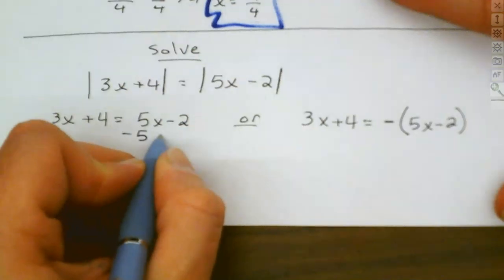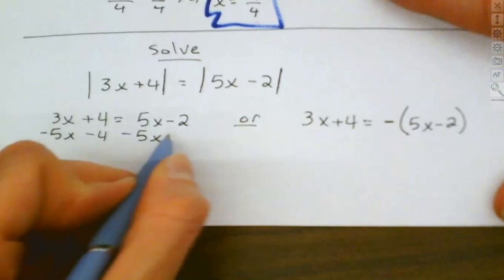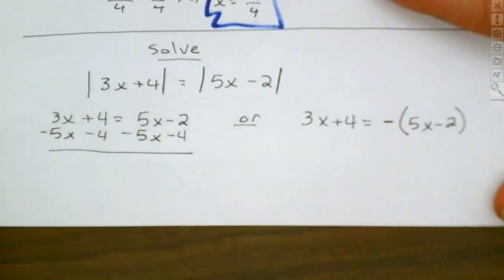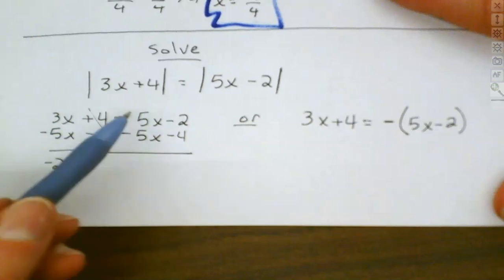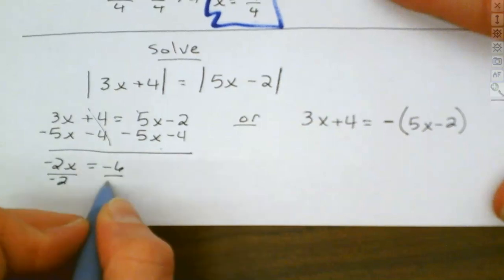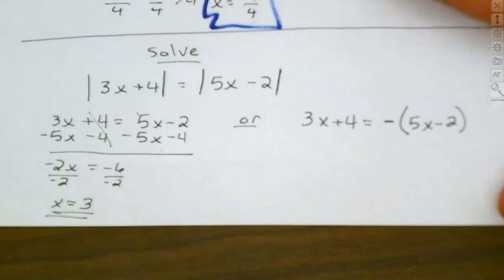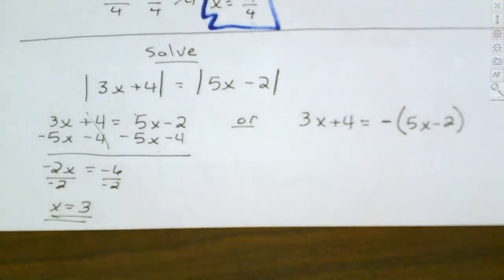So solve each of these, move that 5x over, and move that 4 over as well. So 3x minus 5x, that leaves it a minus 2x. 4's cancel, the 5's cancel. Minus 2 and minus 4 makes it a minus 6. We'll divide by our negative 2, and that leaves me then with x equaling 3. So there's one of them.